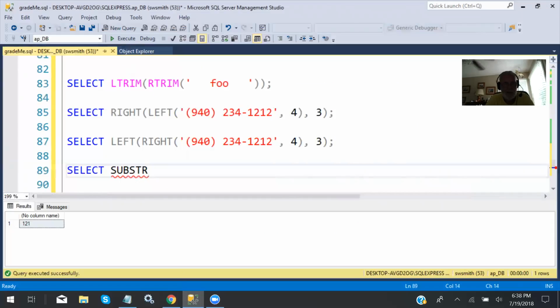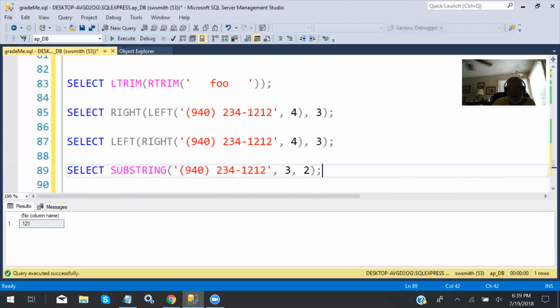Substring, okay, well sometimes it's SUBSTRING. The substring of the string, how many characters do I want? Let's say I want 3 characters beginning at position 2. I think that will get it for us.